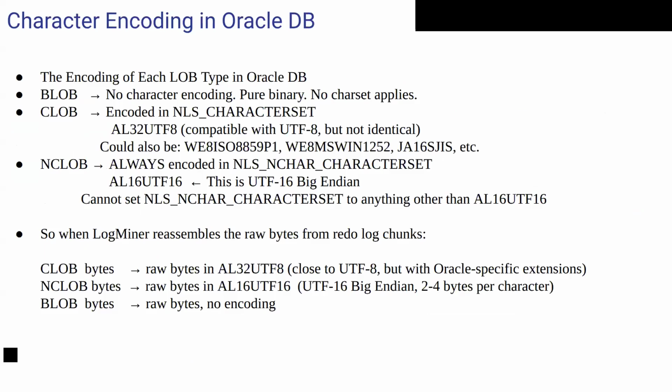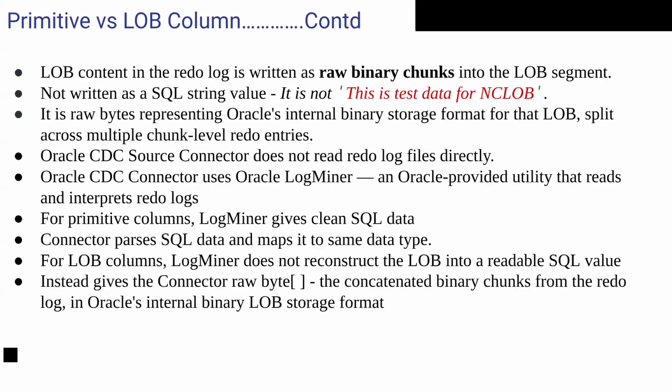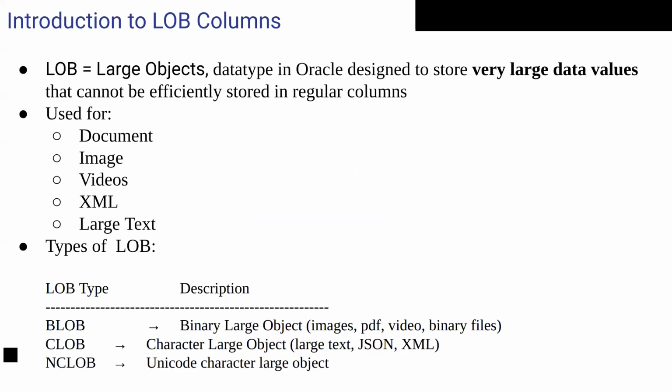If you have a very large text, you would not want to define it as a blob, binary LOB, because it is not binary, it is a string. In that case, you use a CLOB. It depends upon what your data is for that column. You have to define that.